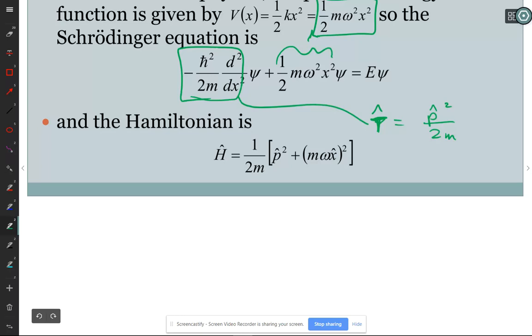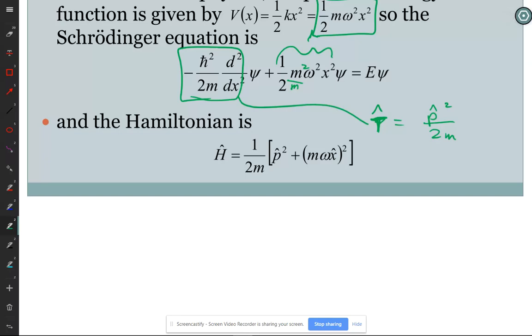Well, now we're going backward on that, and we're saying, okay, we're going to replace that first term with the momentum operator squared over 2m. And then the second one, notice this had a single m on top. And so if we divide by 2m, I have to put an m on bottom and another m on top. So that's why it has m squared omega squared x hat squared.